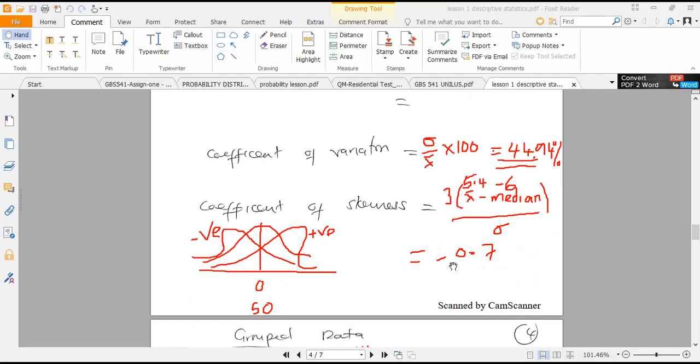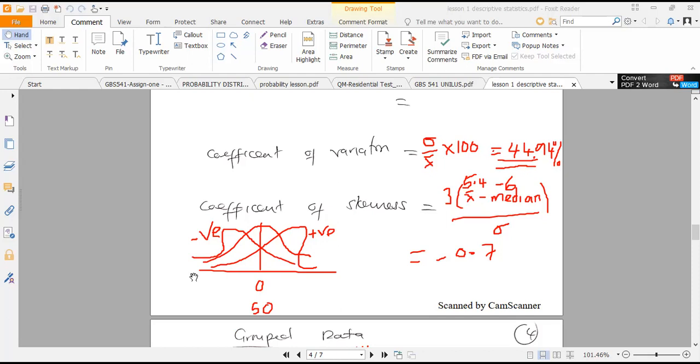Now the significance of the coefficient of skewness is it tells you where we are biased to. If you get a negative, it means you are skewed to the left. If you get a positive, it means you are skewed to the right. That is all you need to know.